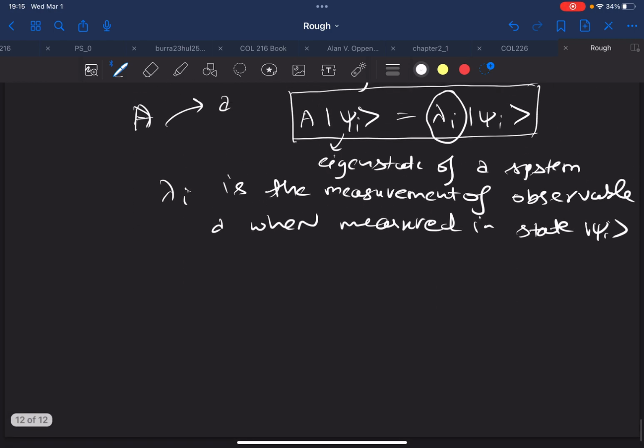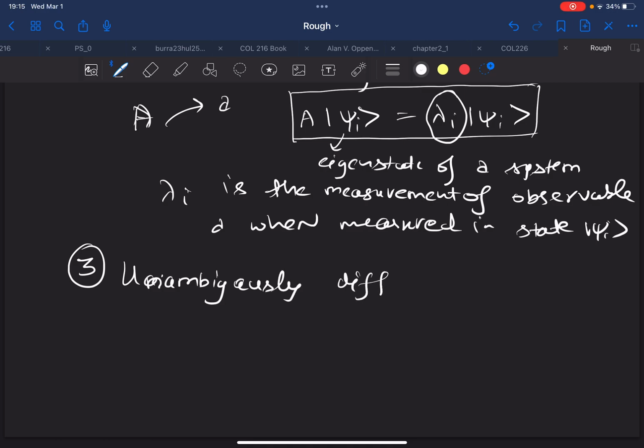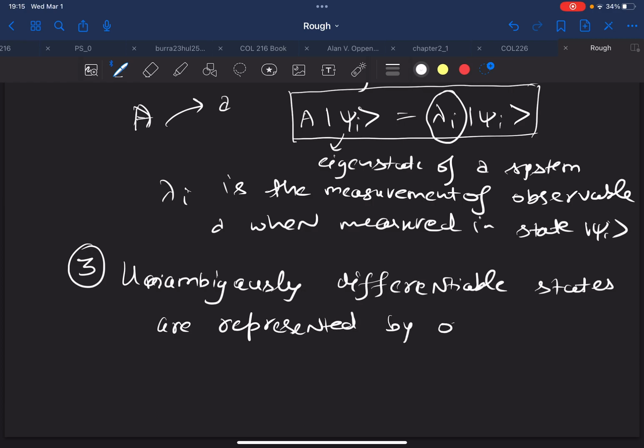The third postulate tells us that unambiguously differentiable states are represented by orthogonal vectors.